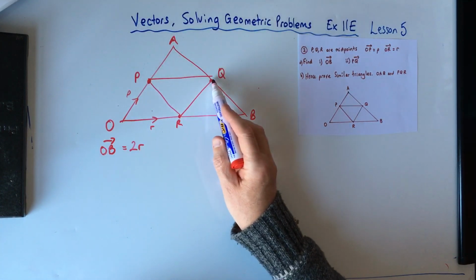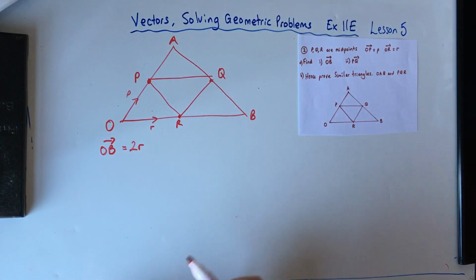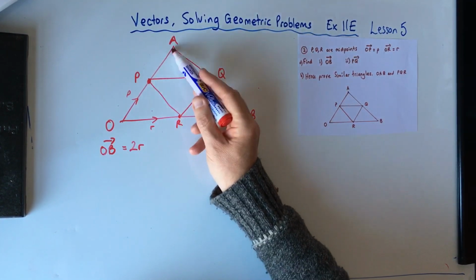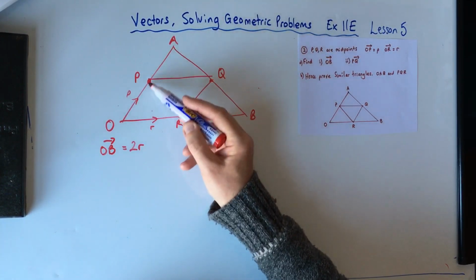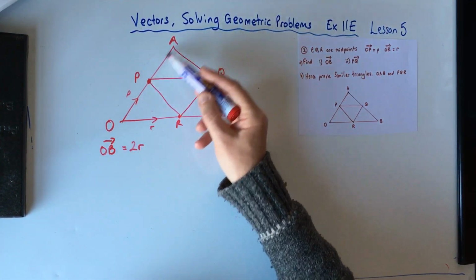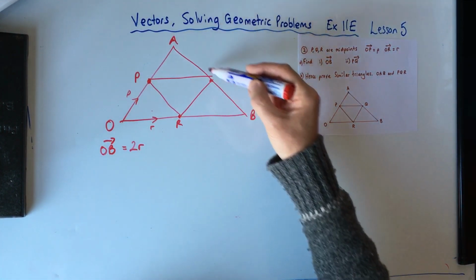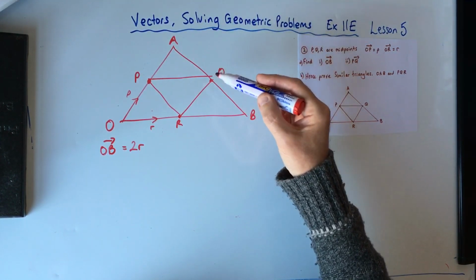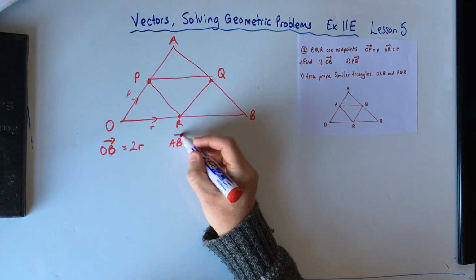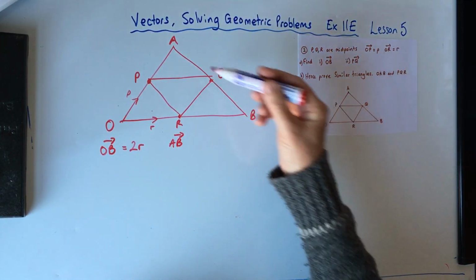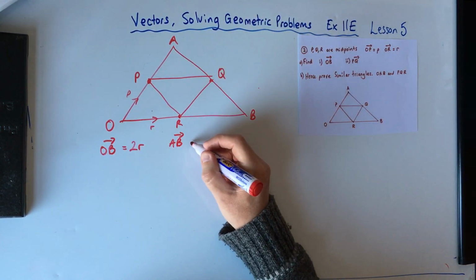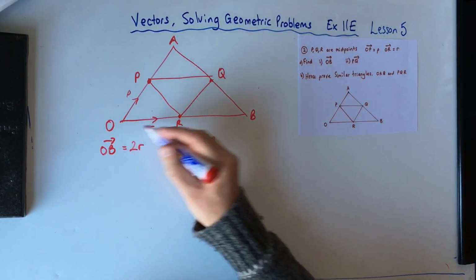PQ, here to here. The first thing we need to do is to go from P to Q, we've got to go up there, no problem. That's just a P, isn't it? Because it's half, that's a P and that's halfway, so that's a P as well, going in the same direction. But it's this one here. AQ is half of AB, so let's find AB first. AB is minus 2P plus 2R.